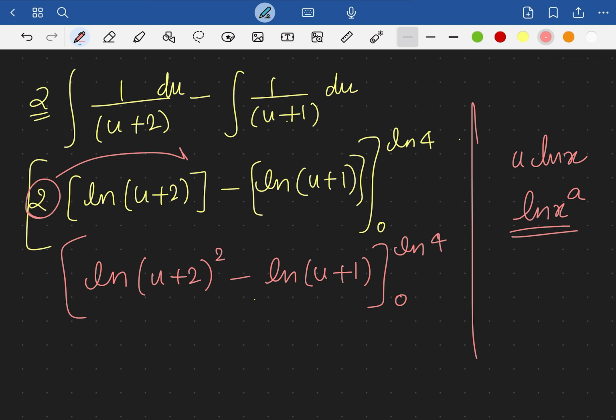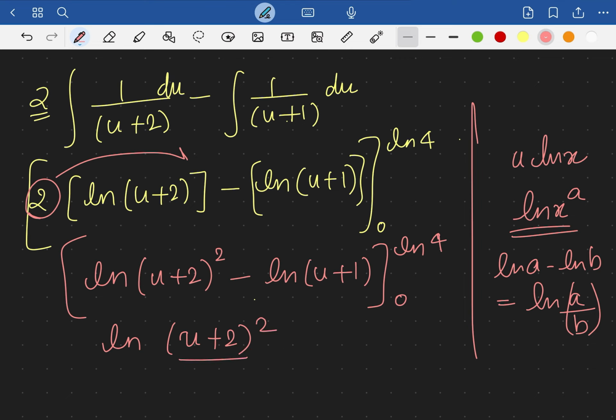Now next, we know another rule, that is ln a minus ln b can be written as ln a over b. Hence I'll just write this as ln (u+2) whole square over (u+1) from limit 0 to ln 4.